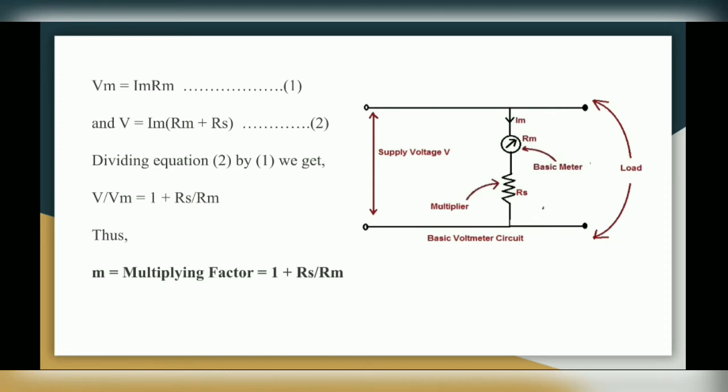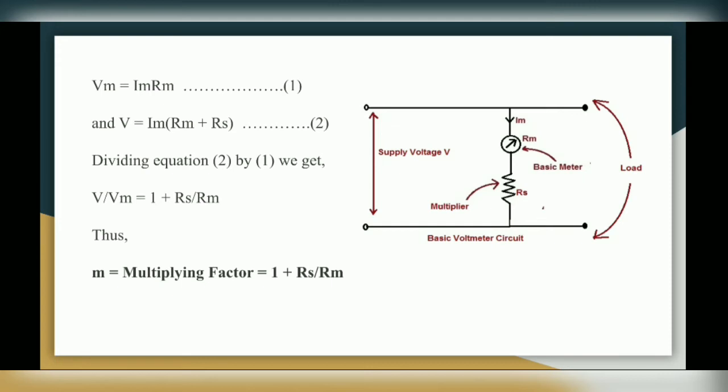The supply voltage V is equal to Im into bracket Rm plus Rs. As the supply voltage is across the basic meter and multiplier resistance, we can write V is equal to Im into Rm plus Im into Rs.